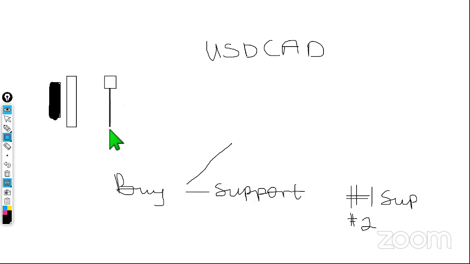The color of the head doesn't matter. It's possible you have something like this. What you really need to know is what this bar actually means, okay?